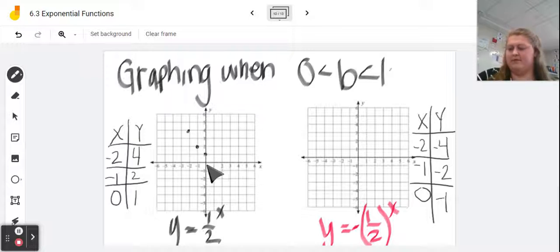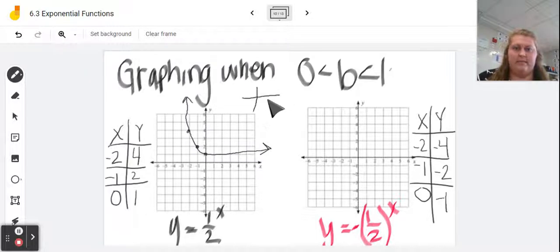Then I just smoothly connect my dots together to the best of my ability. It's not going to be pretty, but they're connected. The bottom one is always just kind of a straight line. Last time, when b was greater than 1, it went up to the right. This time it goes up to the left. I'm going to erase this so I don't confuse anyone.